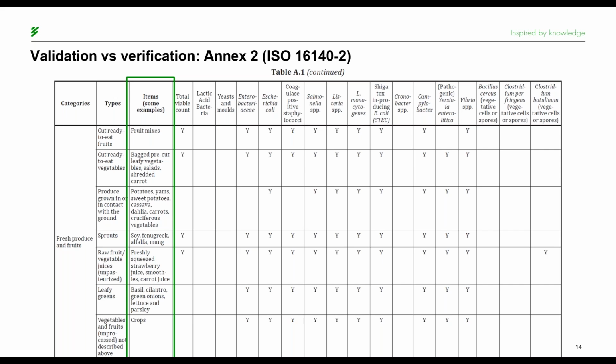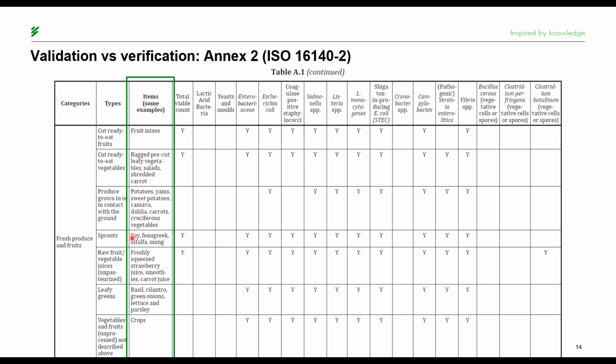So for example, here we have a category of fresh produce and fruit that includes several types of food: cut ready-to-eat fruits, sprouts, leafy greens, vegetables. And then in each type, we have some items. So for cut ready-to-eat fruits, we have fruit mixes.